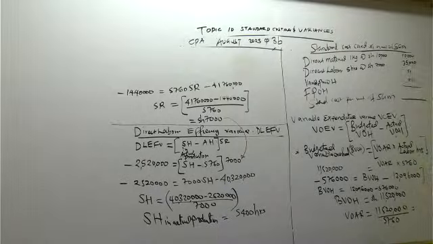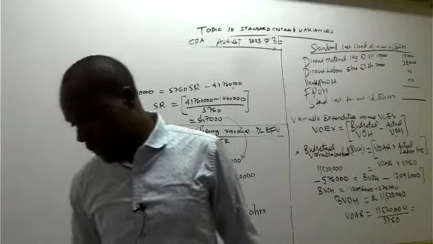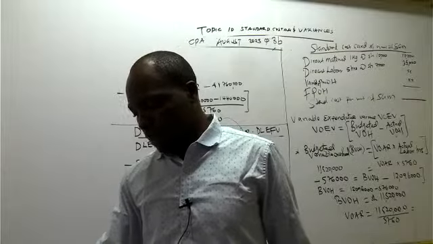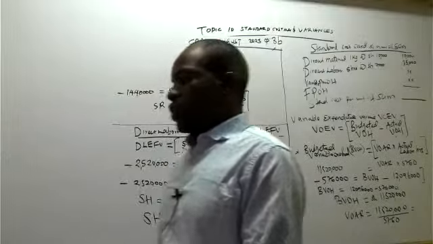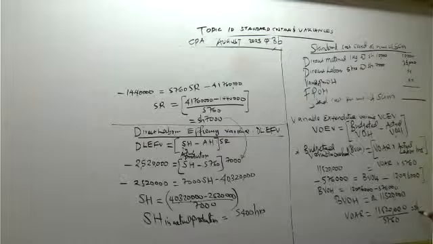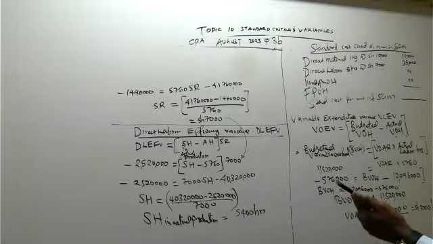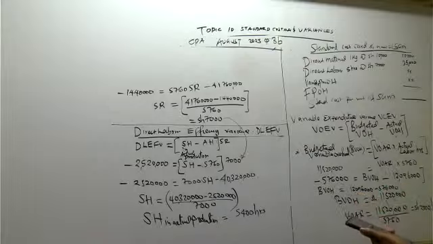Tunapata 2,000 shillings. 2,000 per direct labor hour.